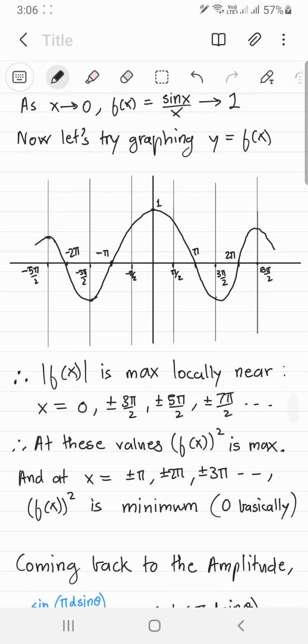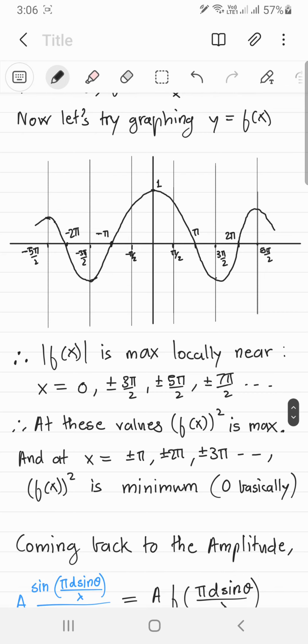Well, that's nice. And at some odd multiples of pi by 2, this function reaches its local minimum or local maximum value. So that's for f of x. What about mod of f of x? Well, mod of f of x would have its minimum value as 0 because it's positive by default, and that would be at these integral multiples of pi, and it would have the local maximum values at these odd multiples of pi by 2. Of course, excluding this pi by 2 and negative pi by 2, because those don't work.